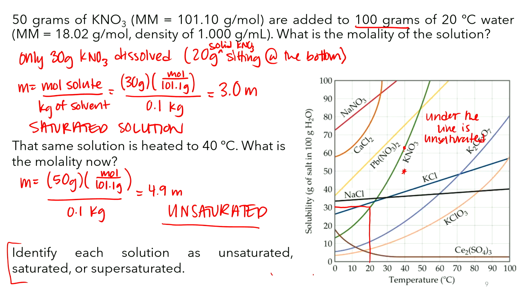Okay, at the line, if you were right at the line, that would be saturated with no solid at the bottom. You're right at the tipping point. Any more that you add in would not dissolve, or you'd reach that equilibrium where, of course, you still have some dissolving. You have stuff precipitating as well. And then, up above the line is saturated.